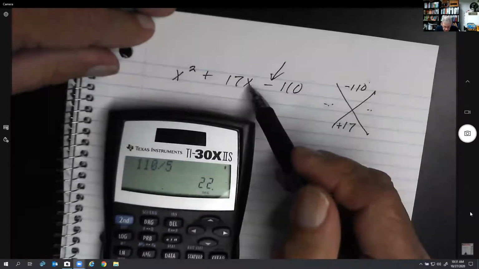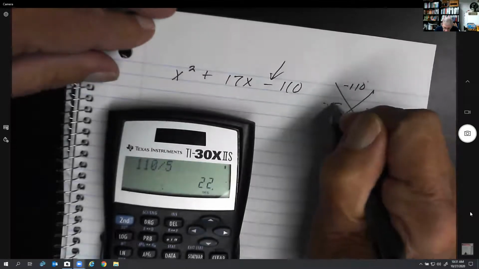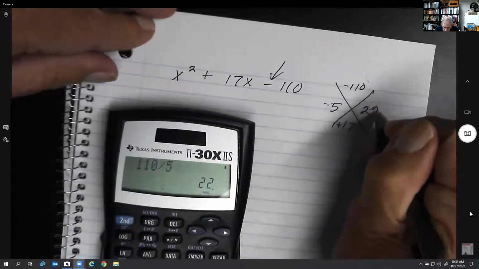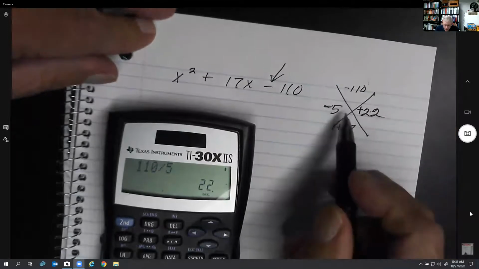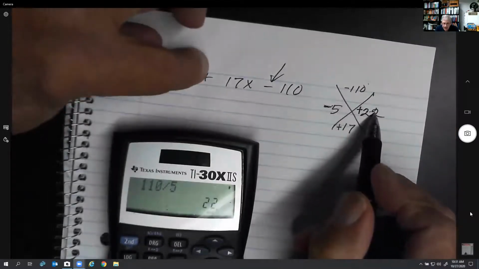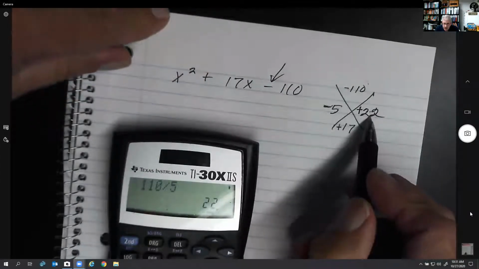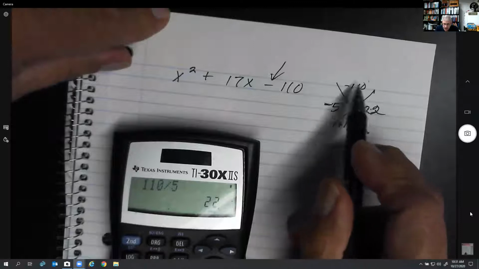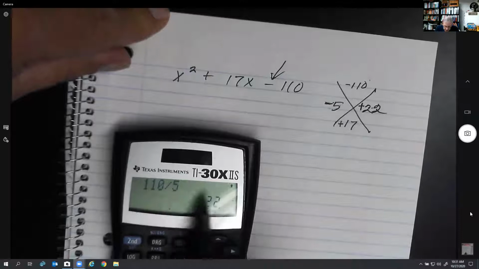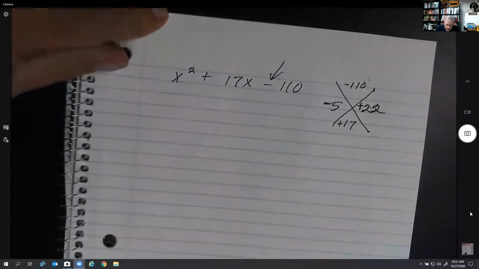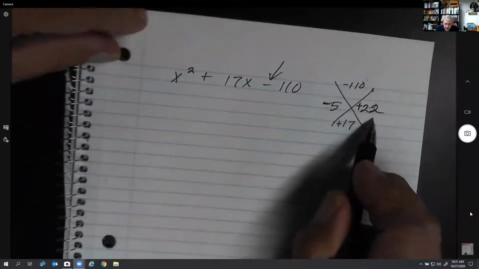But this is a plus 17. Now let's see how we can get that. Let's put the 5 here and the 22. If the 22 were positive and the 5 was negative, would that give me a positive 17? Yes. Is negative 5 times 22 a negative 110? Yes. So this helps me kind of get the numbers going. I have to use my brain to get the signs going a little bit here.